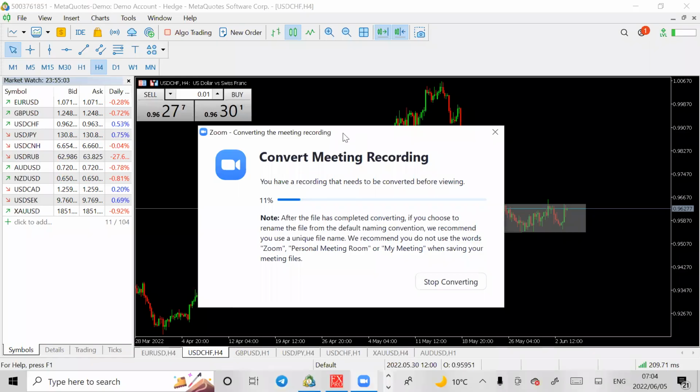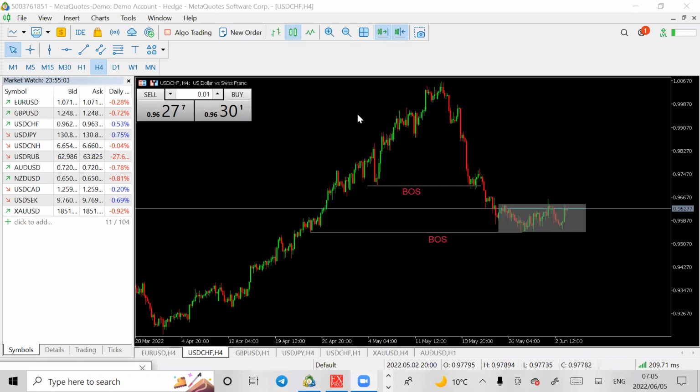So we're going to start looking at USD Swiss franc. We looked at euro, and it's actually the opposite of USD Swiss. We all know that.